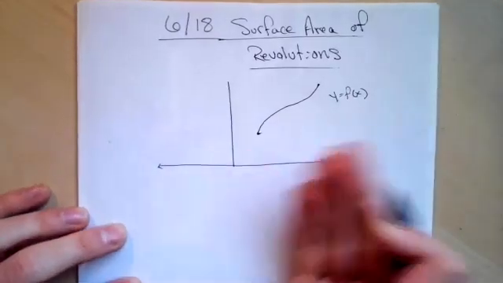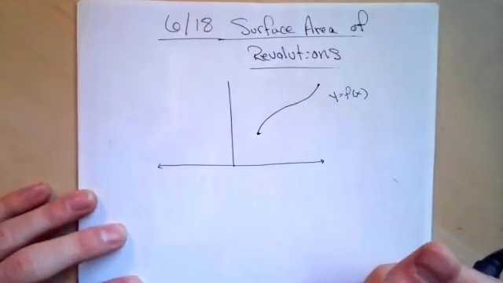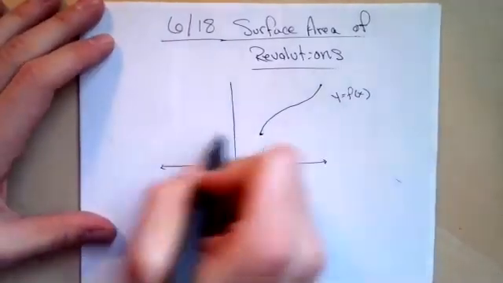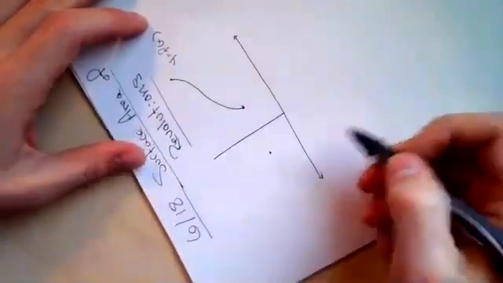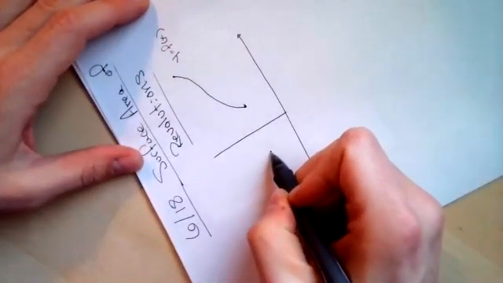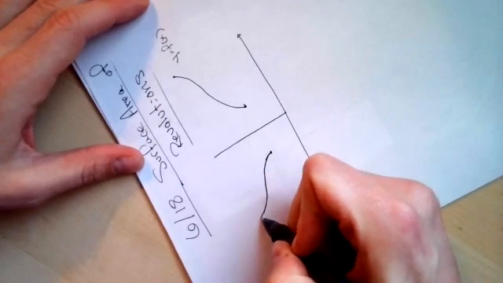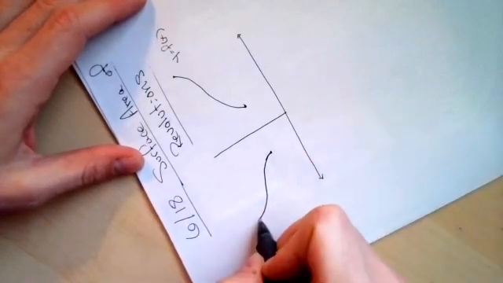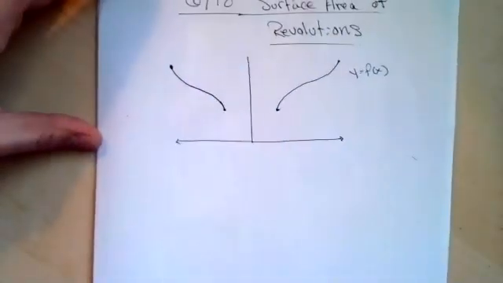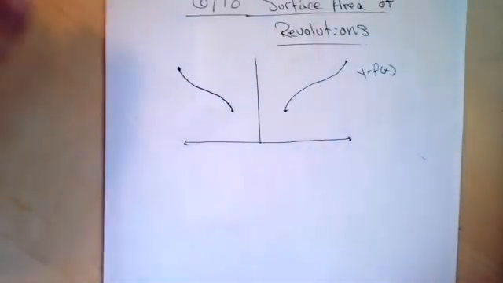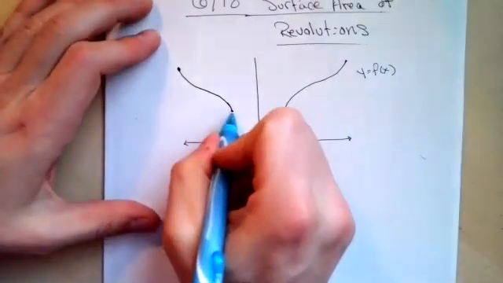And then if we rotate this curve around the y-axis, say, sorry, let me spin my paper to try to draw it here since I'm right-handed. That looks like a reasonable mirror. And we are rotating about the y-axis.